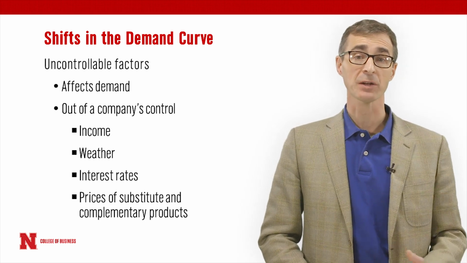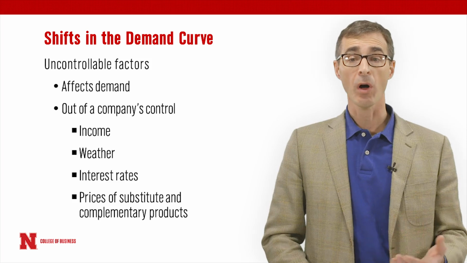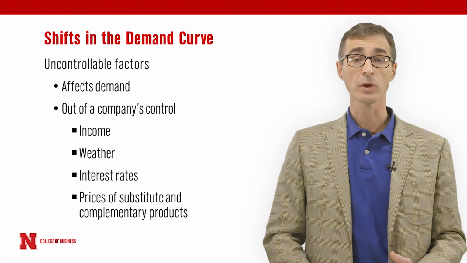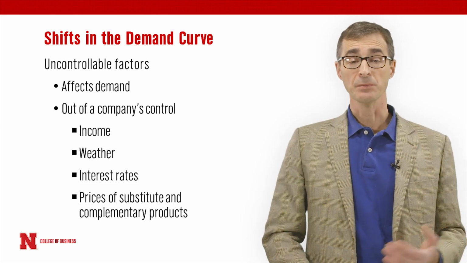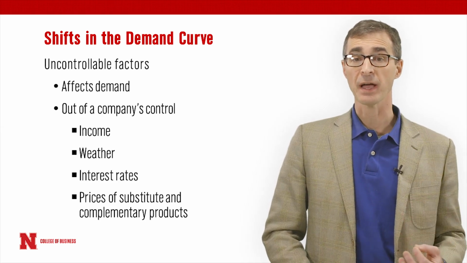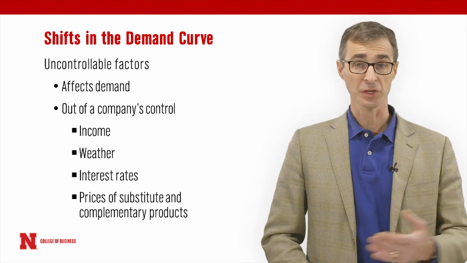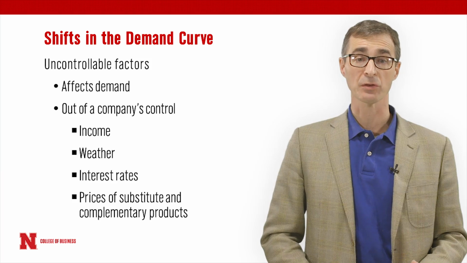All of these are factors that are beyond the direct control of a particular company. All of these would be examples of factors that, if they shifted, would cause a shift in the demand curve. So the key factors that affect a change in demand, a shift of the curve, would be factors outside of the company's direct control.